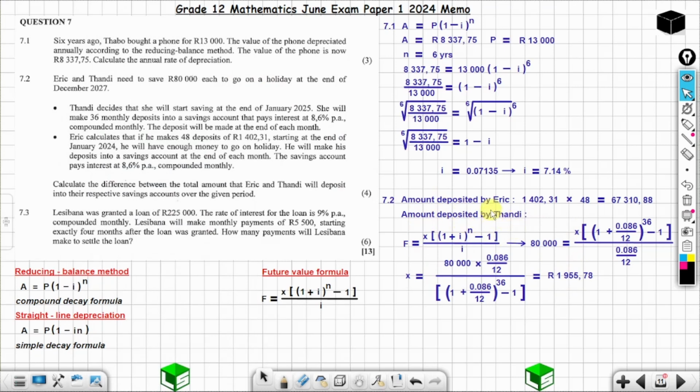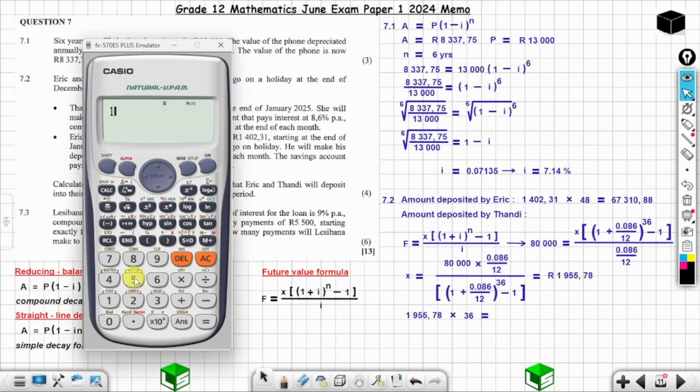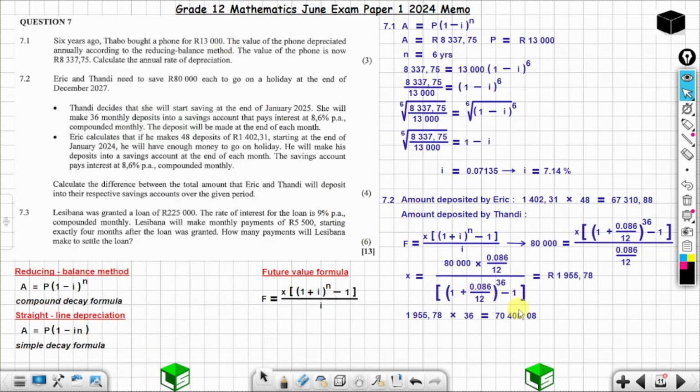Now the amount deposited will be this times 36, which is equal to... So can you see, for Tandy you have this, for Eric you have this, which is not 80,000 rand.